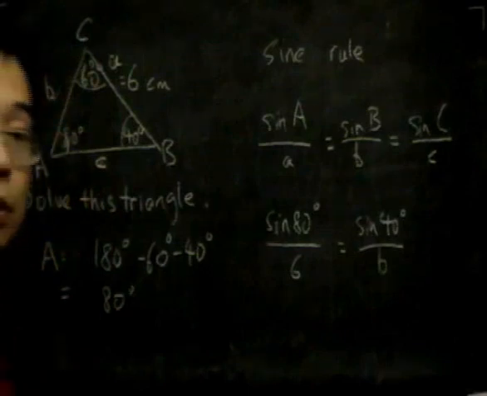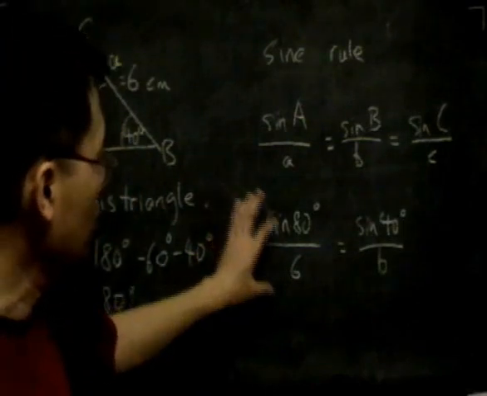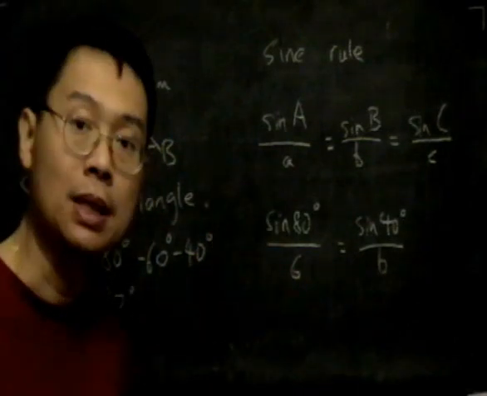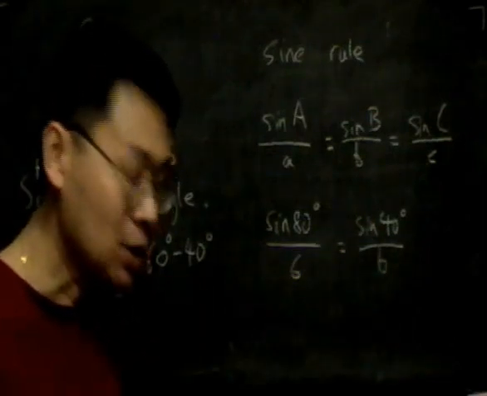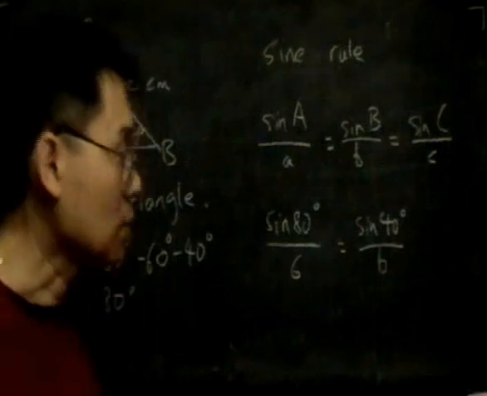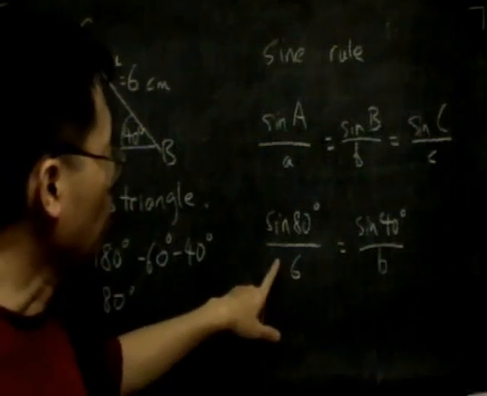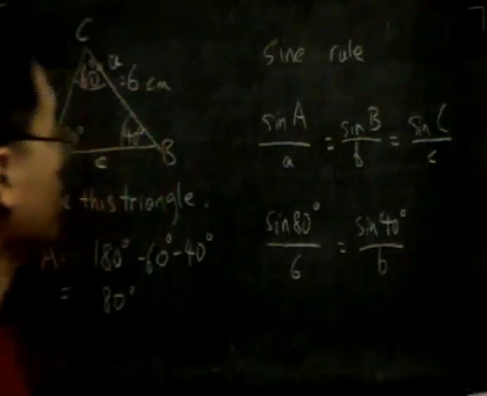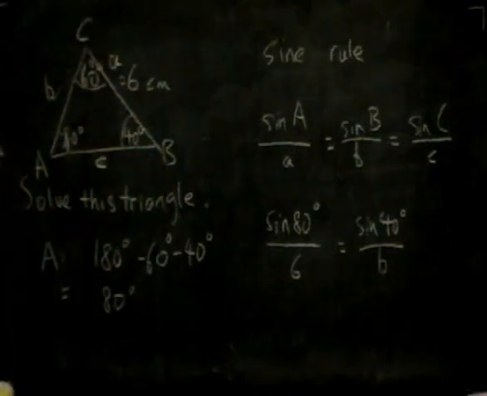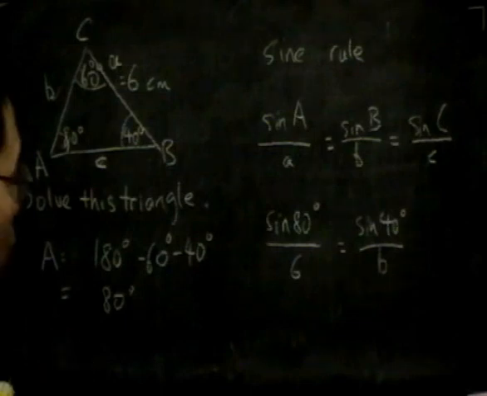Now we have an equation here with one unknown, b. Sine 80 and sine 40 degrees we can find using our calculator. So therefore, we can solve for b. So let's try that.